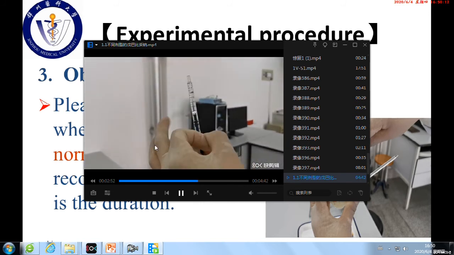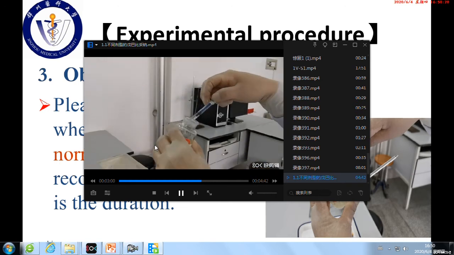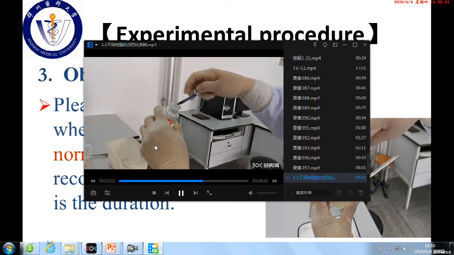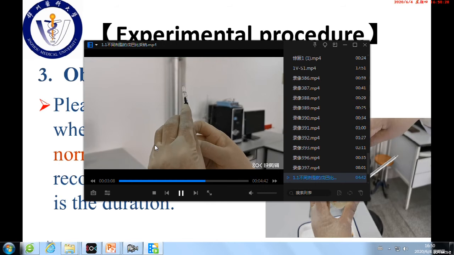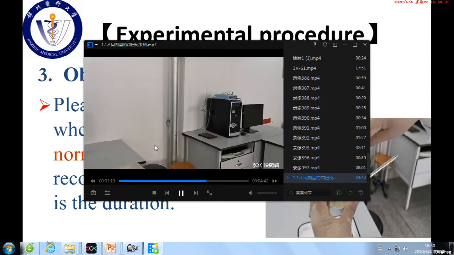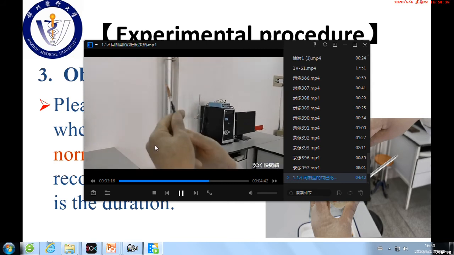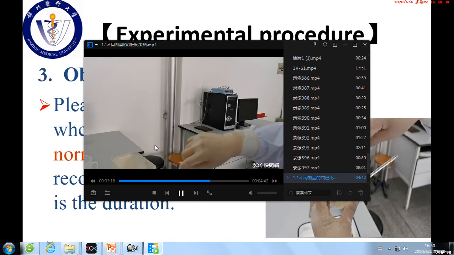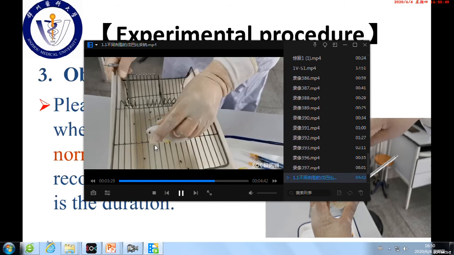You know, in clinical practice, aseptic operation is essential, so don't take the needles off the injector. The volume of the drug is very important, so you should adjust the volume. Eject the air bubble by knocking the injector with your finger.